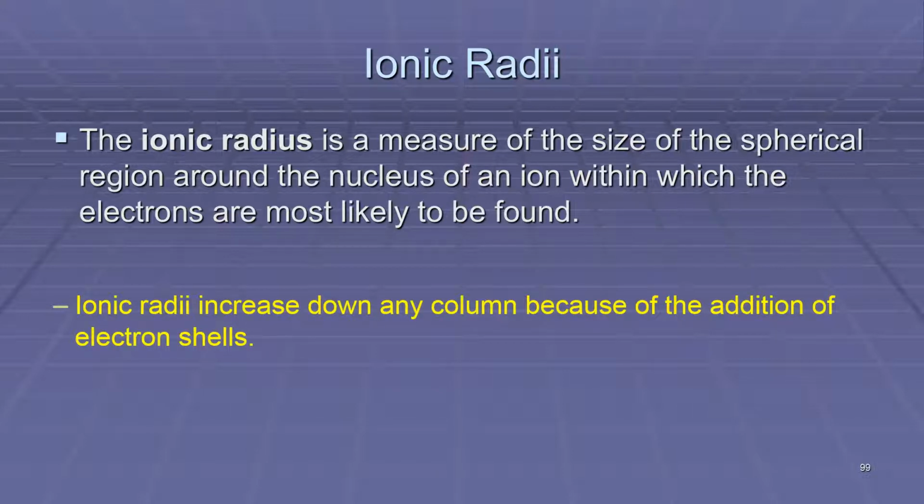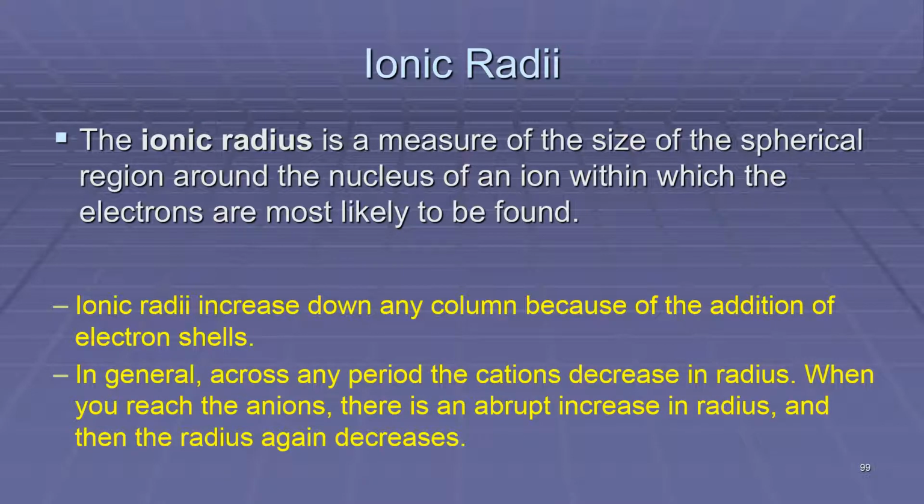If you remember, atoms generally increase in size as you go down a column. For the same reason, ionic radii will also increase as you go down a column because you're adding additional shells.